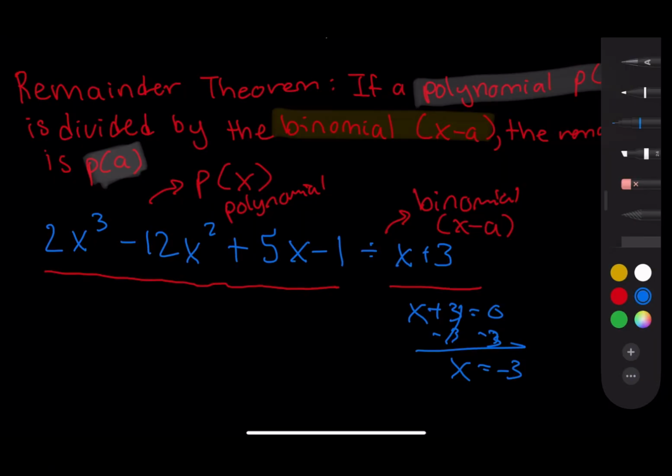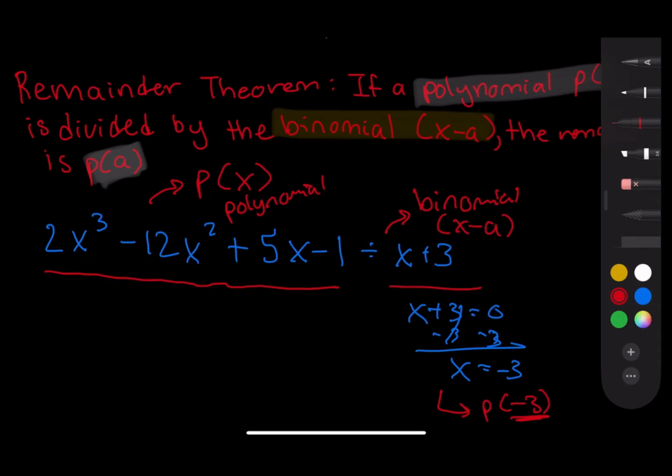So in this case, our p of a is going to be negative 3. We're going to input the value negative 3 as x into p of x, our polynomial, to find out our remainder. And if our remainder is not 0, then x plus 3 is not a factor, because when we're dividing, if it has a remainder, then it's not a factor.